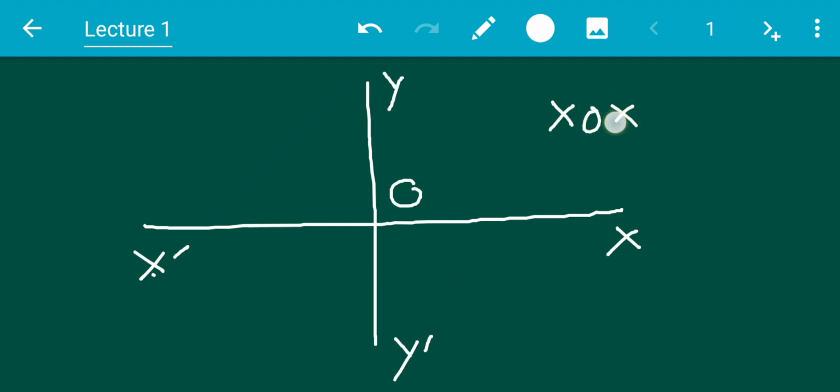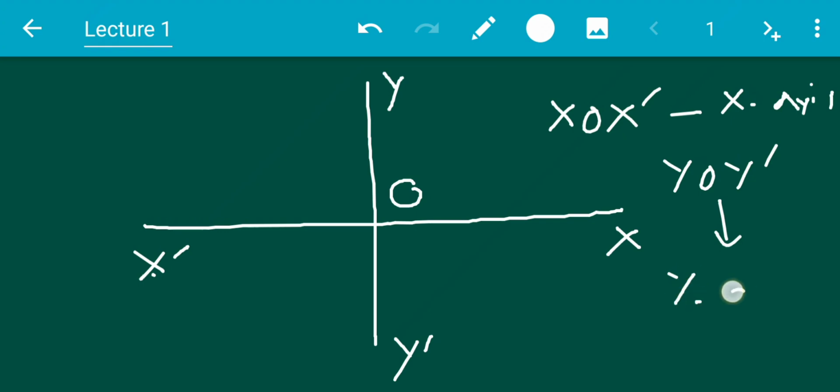X O x dash and y O y dash. So this represents the x-axis and this represents the y-axis.